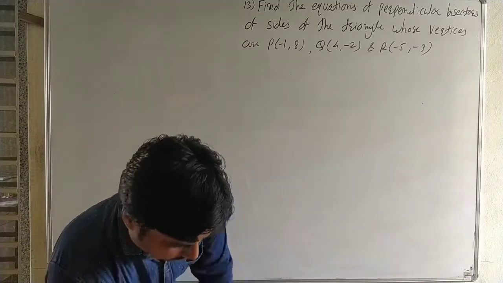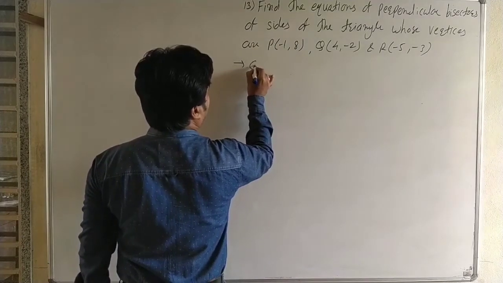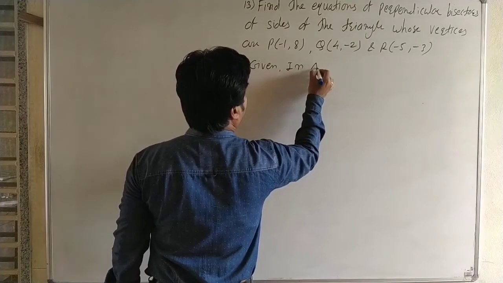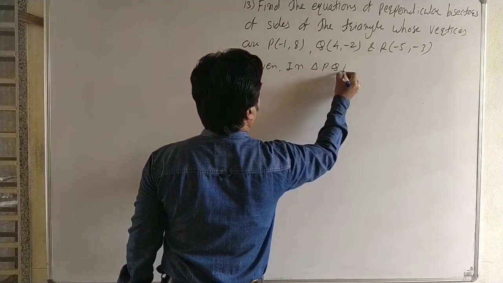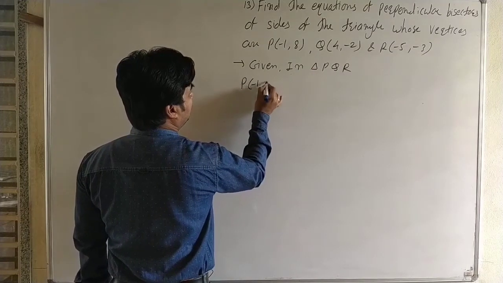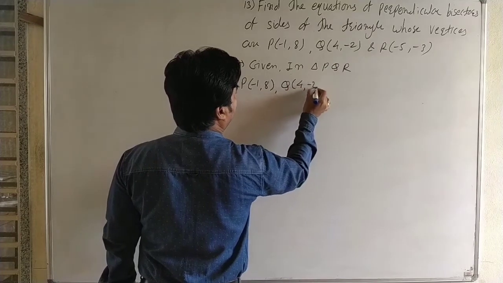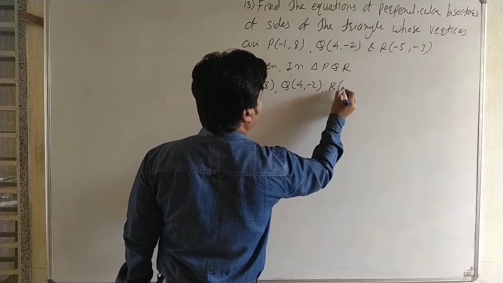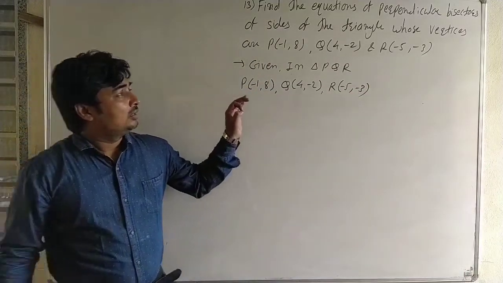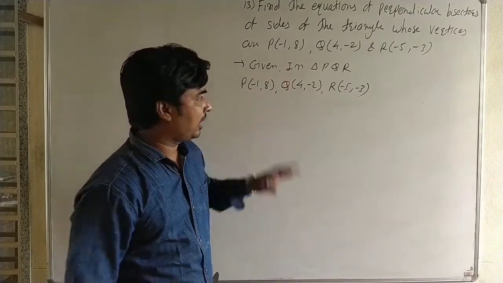Okay. Now here it is given in triangle PQR, here P(-1, 8), Q(4, -2) and R(-5, -3). But here we want to find the equation of perpendicular bisectors of the sides of the triangle.